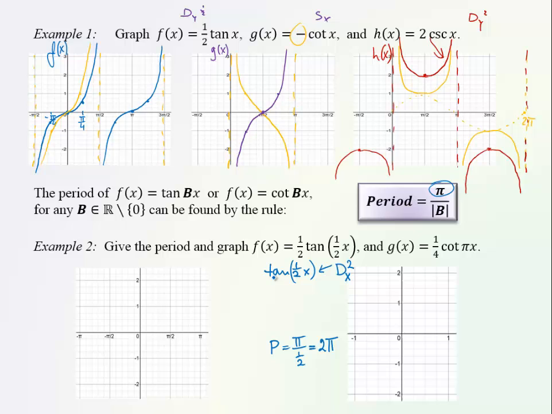Okay, so to graph tangent of 1/2 x, the first thing would be to graph asymptotes closest to 0. So, since the full period is 2 pi, and the shape goes half away from 0 to the right and half to the left, then it must be pi to the right and pi to the left.